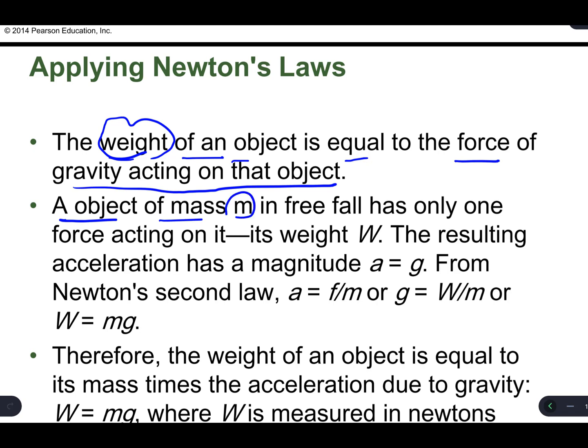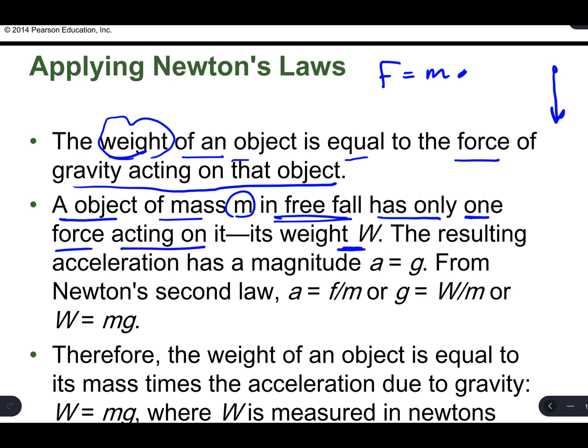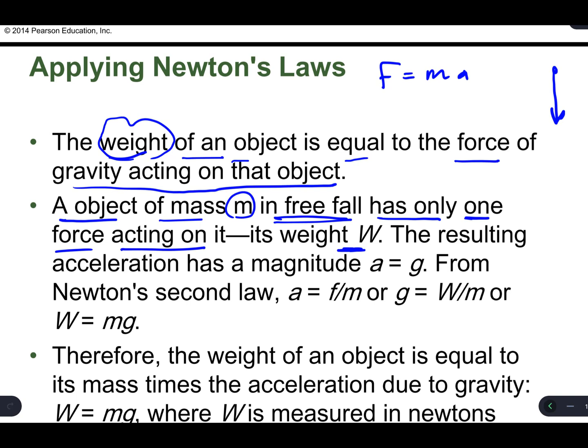An object of mass m in free fall has only one force acting on it: its weight. So how to calculate the weight if an object is falling down? You know from Newton's second law, F equal ma. If the only force acting on it is gravity due to the earth, we use G instead of a.